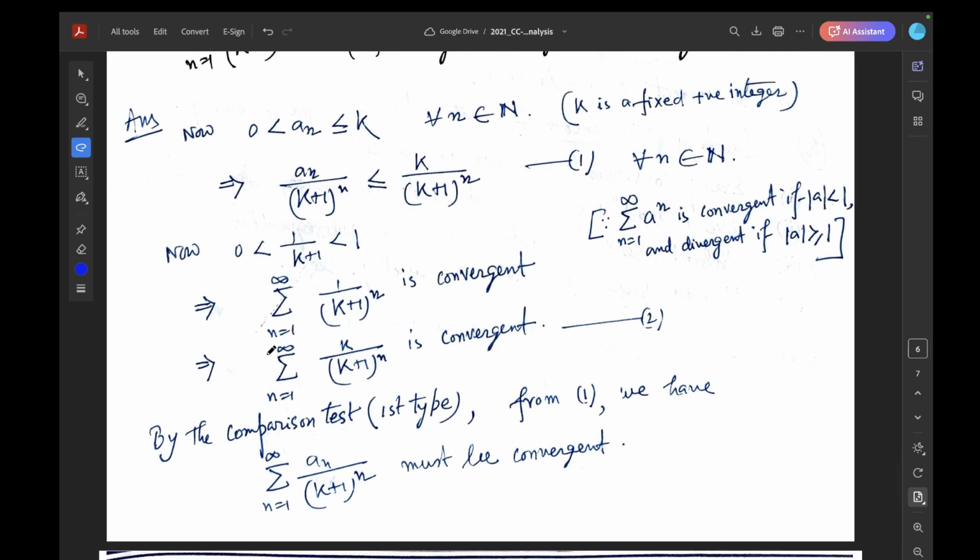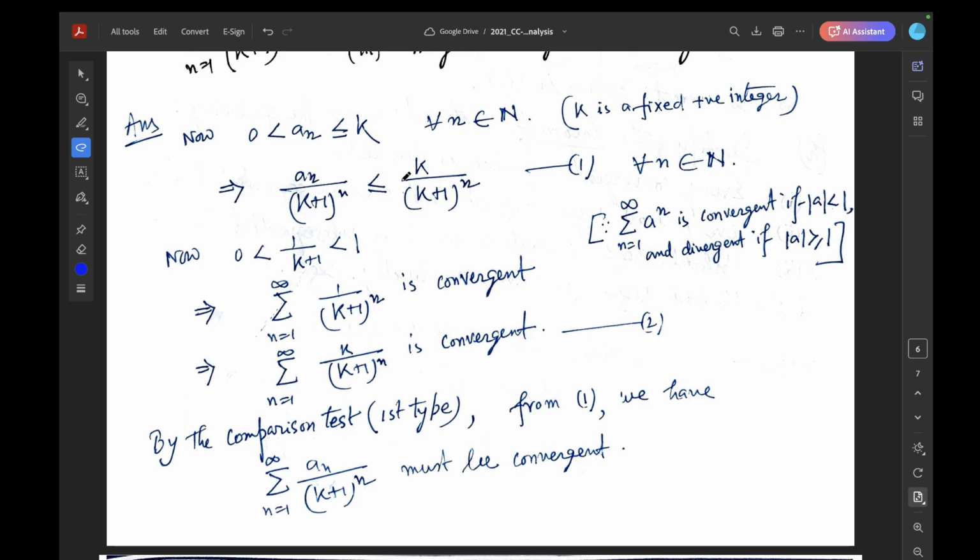And then the series k by (k plus 1) to the power n is also convergent for some positive integer k. So from 1, by comparison test, this right hand side series is convergent, then the left hand side must be convergent. So by the comparison test of the first type, summation n equal to 1 to infinity a_n by (k plus 1) to the power n must be convergent.